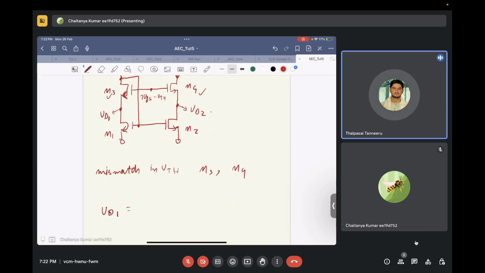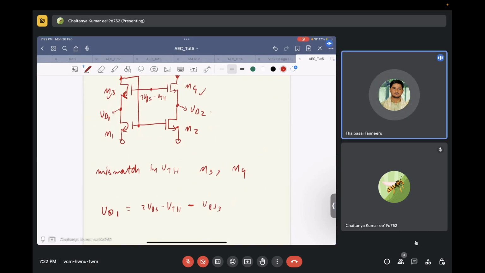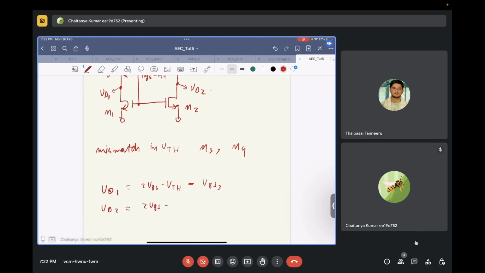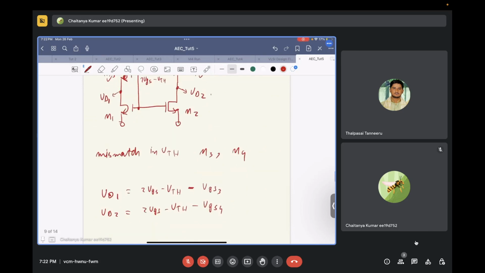VD1 is nothing but two times VGS minus VTH minus VGS3, right? Correct. VD2 is 2 VGS minus VTH minus VGS4.